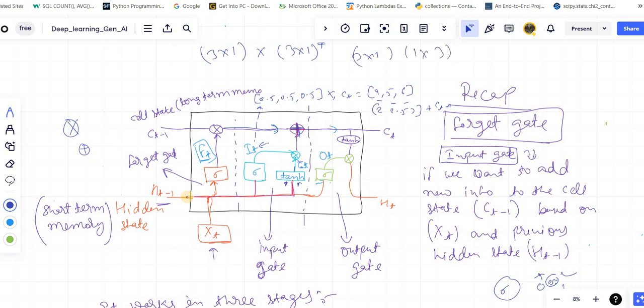This one will get multiplied here. This will give 3 cross 3, and whatever this 3 cross 3 comes will get added with the CT minus 1, because CT minus 1 has the same dimension. Since the node count is taken as 3, it will be 3 cross 1. So in that we will add this. That's it. So this is where the addition will happen with the CT minus 1.